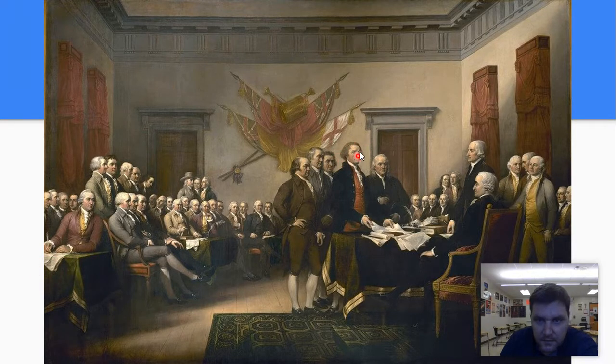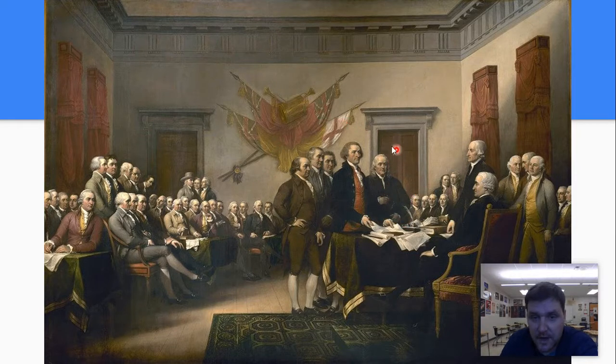Now, this is the guy right here, Thomas Jefferson, who wrote most of the Declaration of Independence. His pen wrote almost all the words. Robert Livingston and Roger Sherman, or vice versa, I'm not sure. John Adams, who eventually became our second U.S. president, and then Ben Franklin, right here, who did lots and lots of things.